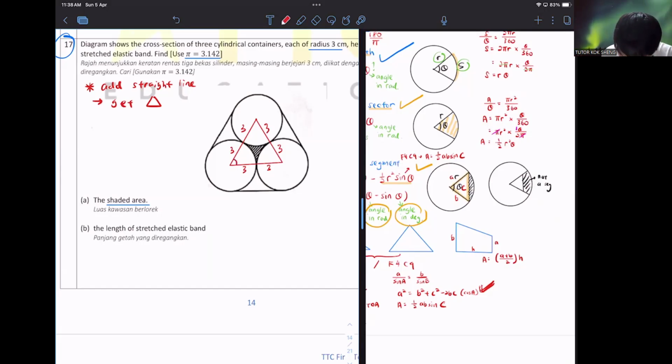The angles are all the same, 180 divided by 3, 60 each. Therefore, after I add the straight line here, you can see that you get three sectors.